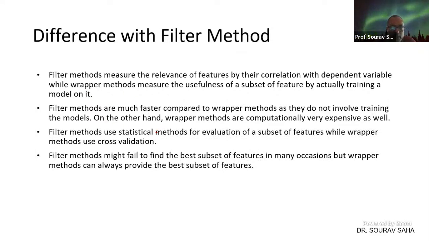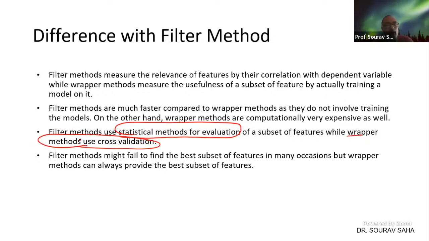With the filter method, you'll find that they use some kind of statistical method for evaluation of a subset, while the wrapper method uses some bit of cross validation. Now, what exactly is cross validation? I'll come to that. But in the process, the wrapper method becomes computationally very inefficient.